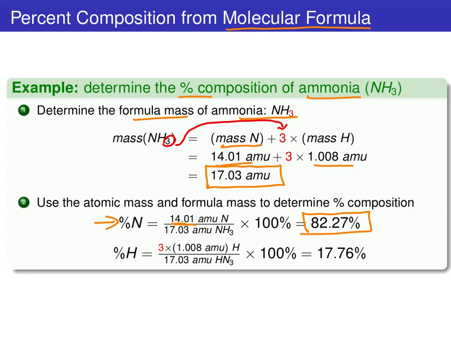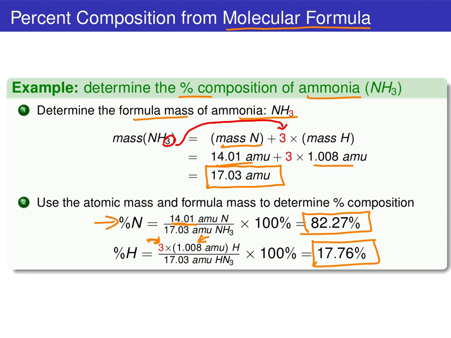So we're going to go ahead and plug in the mass of hydrogen, which is 1.008, multiply it by the number of hydrogen atoms present, 3 in this case, and then divide by the total mass, multiply by 100, and we will arrive at the percent hydrogen. Okay, so this is our first basic example of how we can use the molecular formula itself in a little two-step process for determining the percent composition for any given compound.